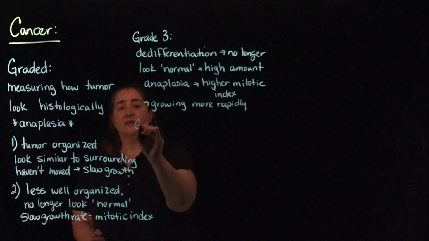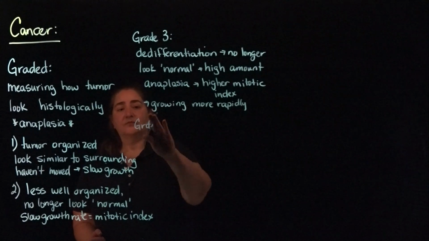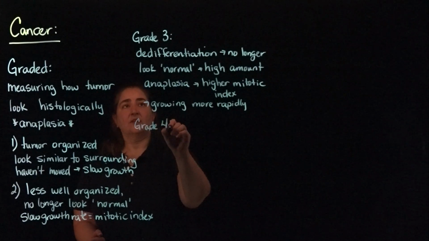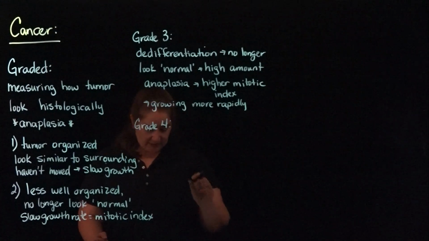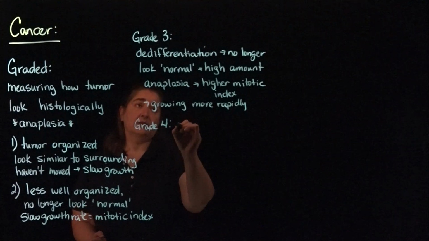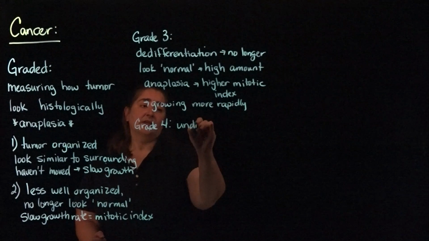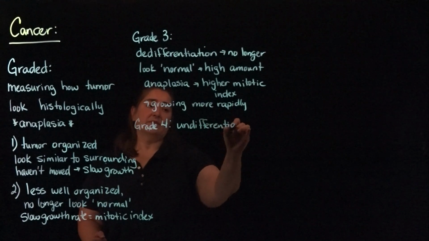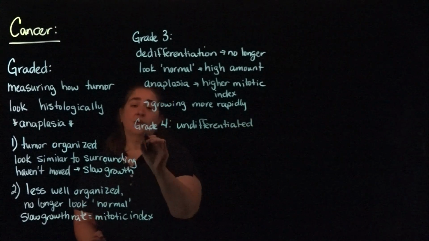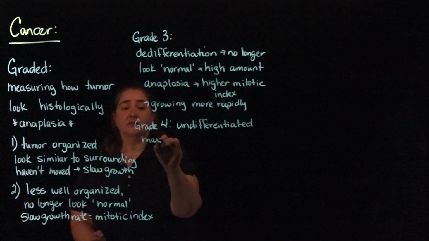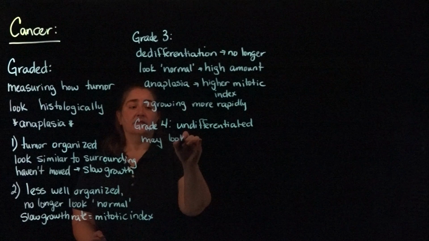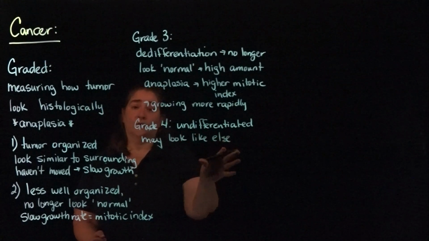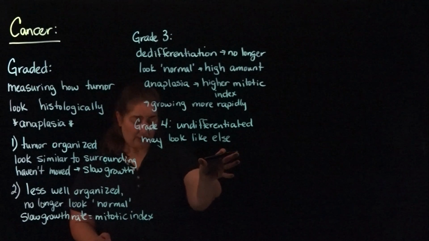Okay? Our grade 4 tumor, this is going to be completely undifferentiated. So it may look like something other than the normal surrounding tissue. All right?